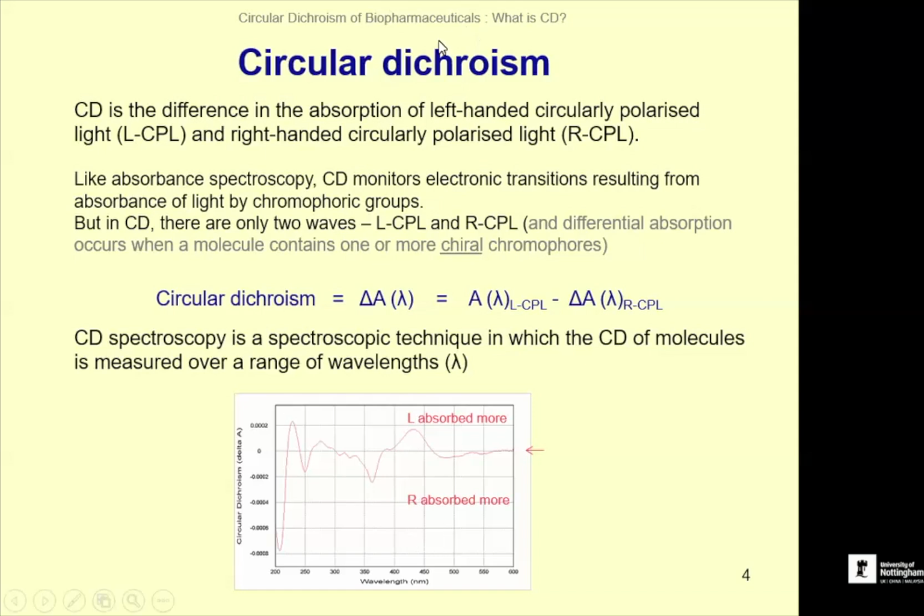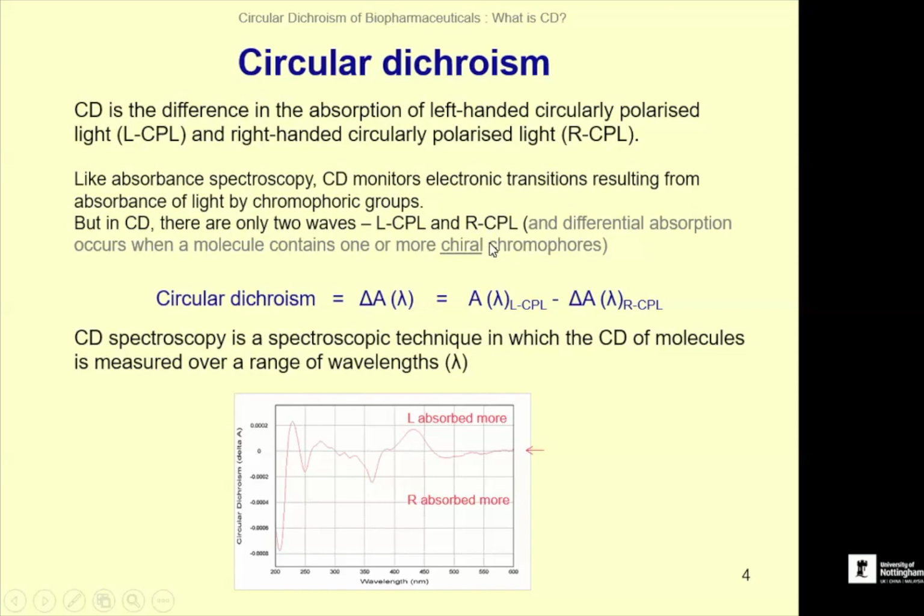Okay, so because it depends on chromophoric groups, just in the same way as absorbance does, absorption of light by chromophoric groups, then it obeys the same laws as absorption spectroscopy. The Beer-Lambert law applies as much to CD as it does to absorption spectroscopy.